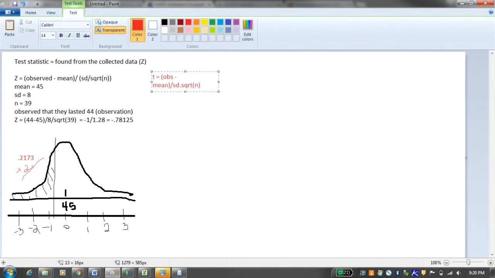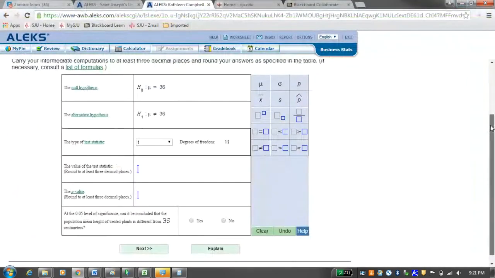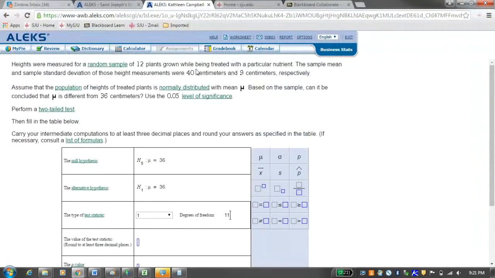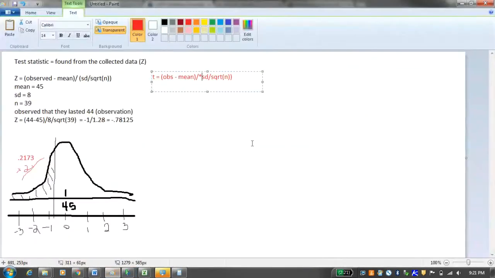A t is a z, or at least he wants to be a z when he grows up. When we look at this, the observed value was, well, let's go back to the question and see. We observed the 12 plants to have a mean of 40 and a standard deviation of 9. So we observed them to be 40.